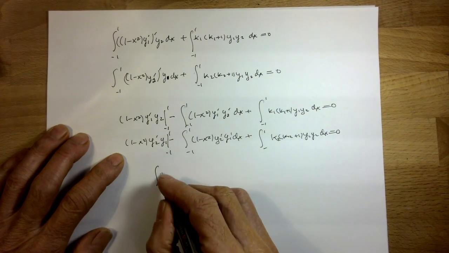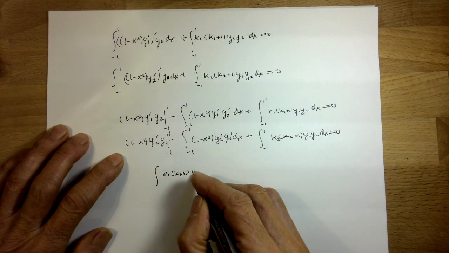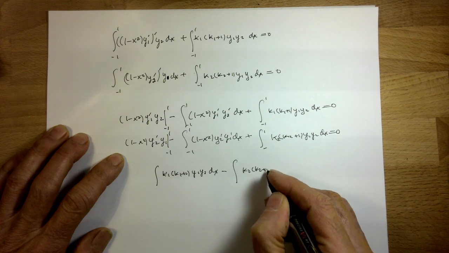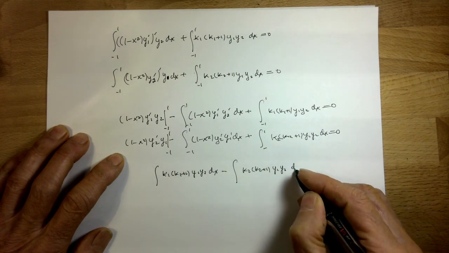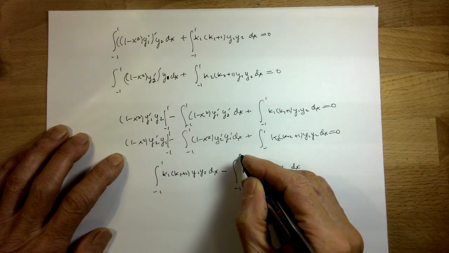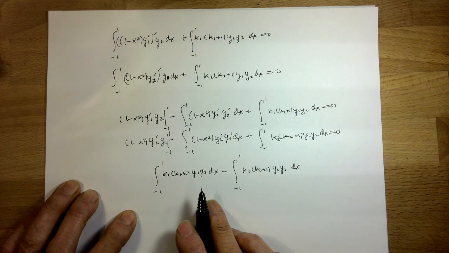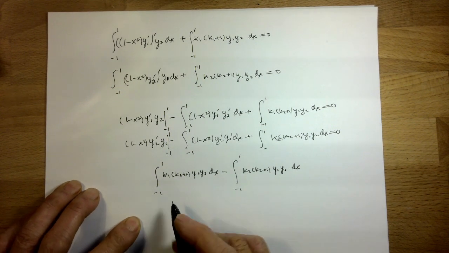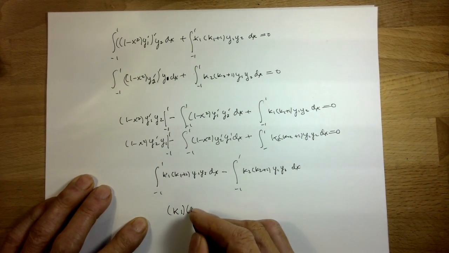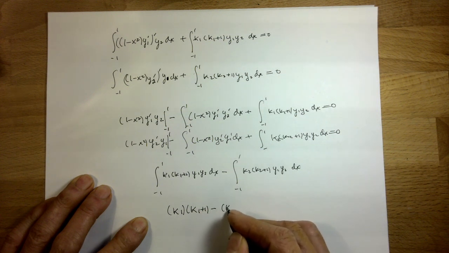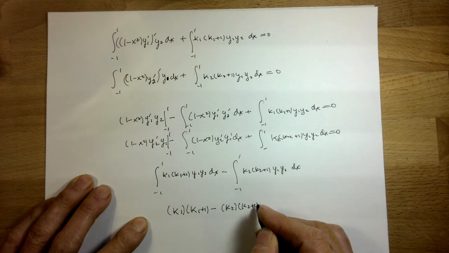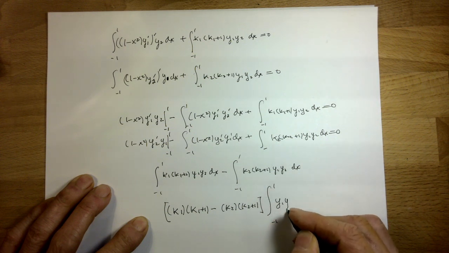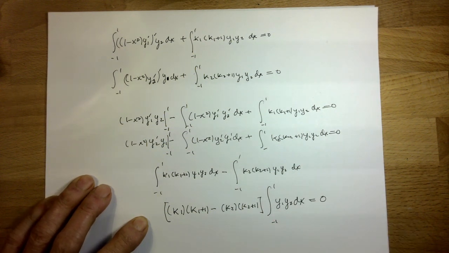All I'm left with is k1 times (k1 plus 1) minus k2 times (k2 plus 1), all times the common integral of y1 y2, and that has to equal 0.